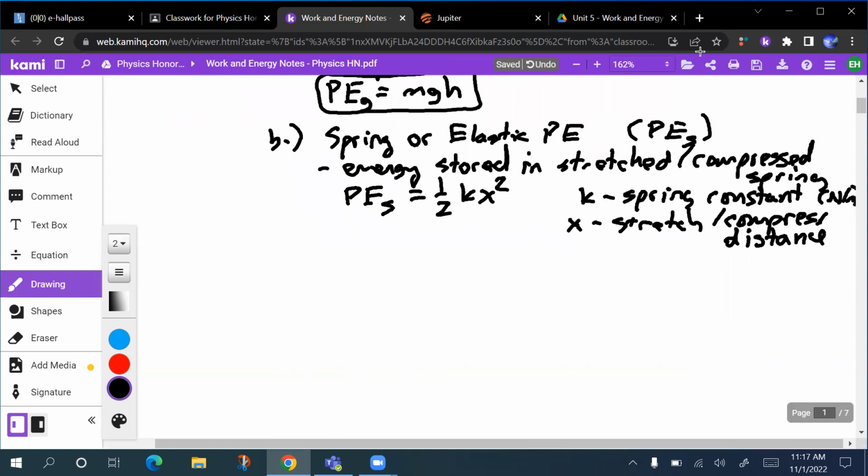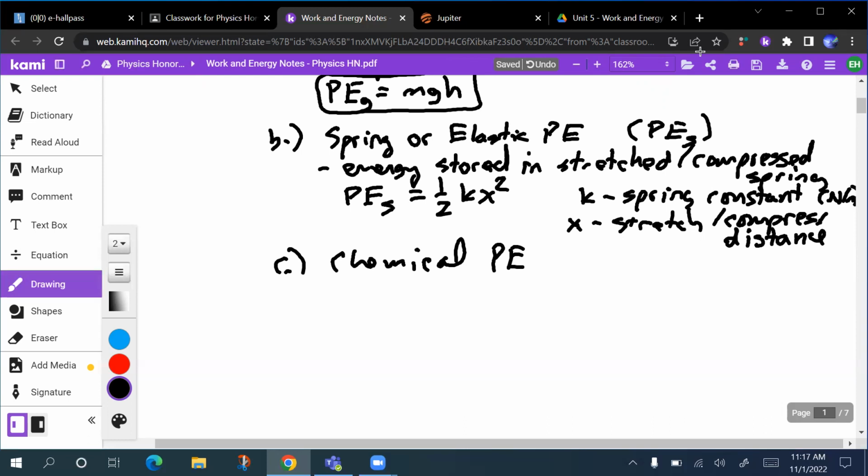Now, some other forms of energy that we'll encounter more conceptually would be, for instance, chemical potential energy, right? Batteries, for instance, store chemical potential energy in the chemical bonds that make up a particular compound. And when a chemical reaction takes place, some of the bonds are broken and some of that energy gets released.